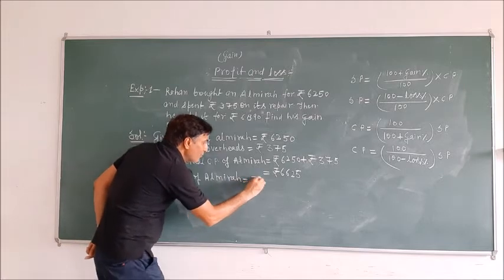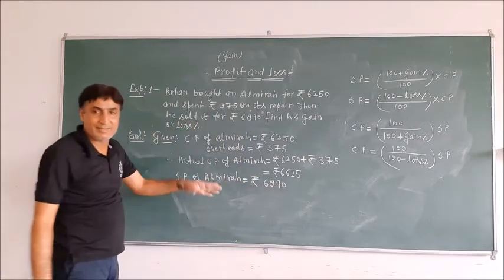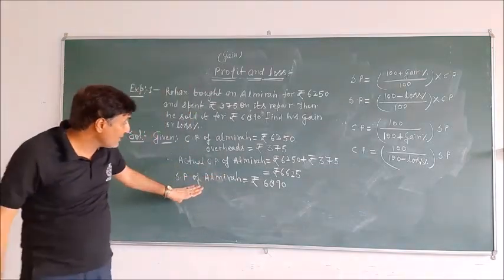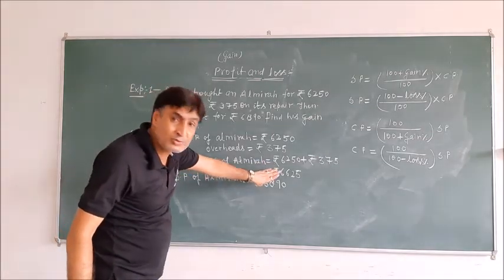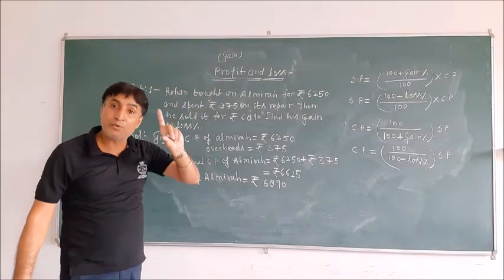Now the selling price of the almirah is given as rupees 6,890. Clearly you can see, students, since the selling price of the almirah is greater than the actual cost price, Rohan makes a profit here.